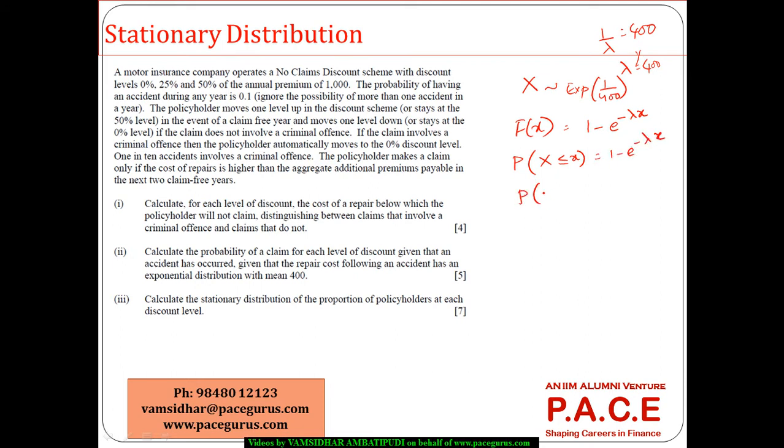But the probability of X greater than x is 1 minus (1 minus e to the power of minus lambda x), which goes as e to the power of minus lambda x. Now this is what I will try to bring in. For a 0% level person, I want to find out the probability that X is greater than 500.